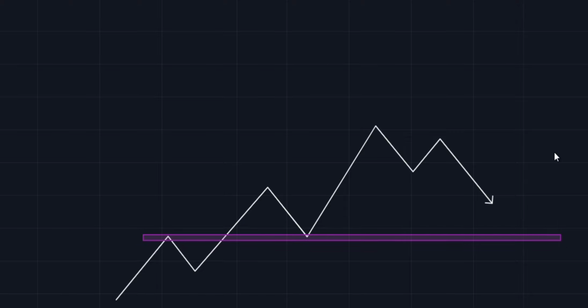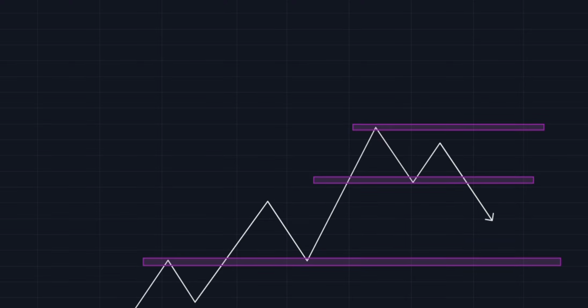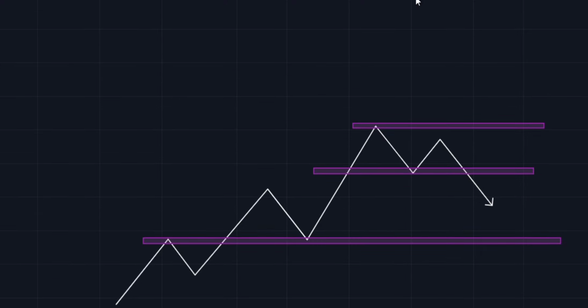Here's what I mean. First of all, you should have previous zones. From the current price, you can identify the previous zone, as you can see, then identify the current zone, and then identify the next zone that the price is most likely to head to. As I told you, it moves from zone to zone.